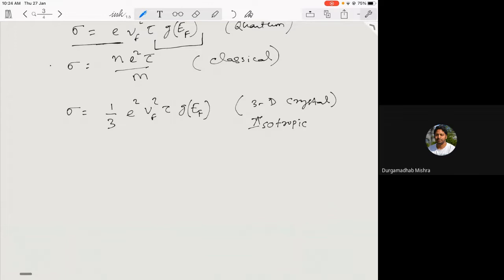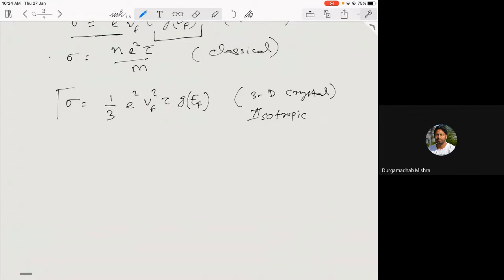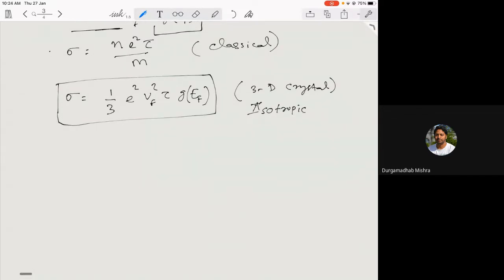So this expression of sigma, the conductivity, actually explains something I asked in the last class: if I take the conductivity of copper, it is greater than the conductivity of magnesium, although copper has one valence electron.